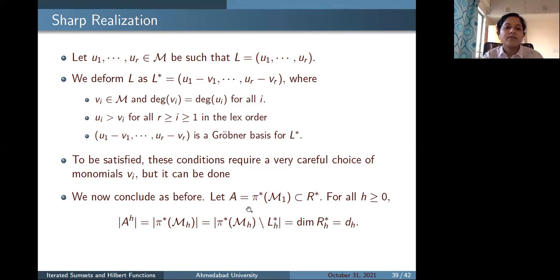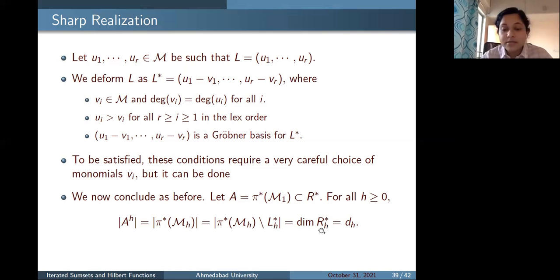And now, as before, what we have concluded is that, let A be our pi star of M_1, which is a subset of R star. And from here, we will have the cardinality of A_h equal to the cardinality of pi star M_h.